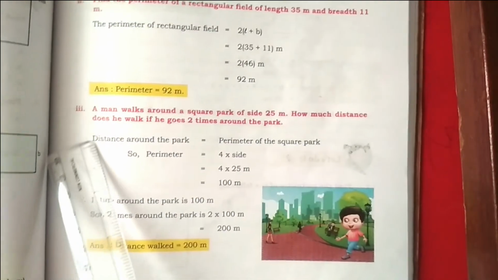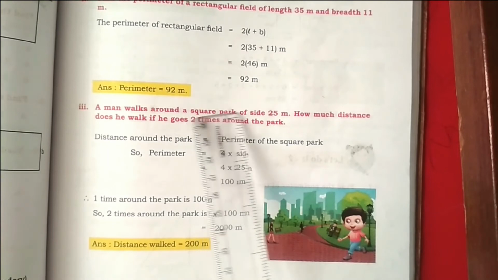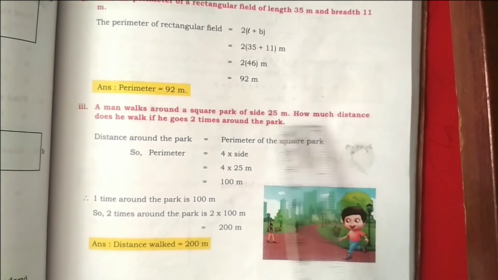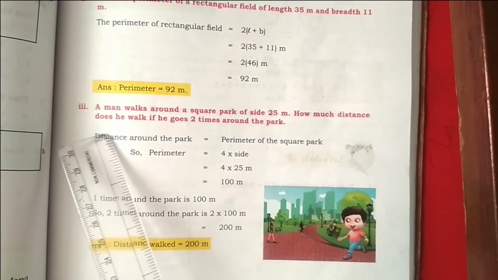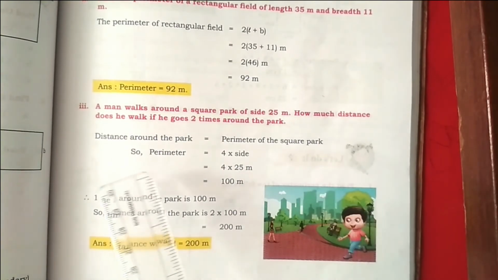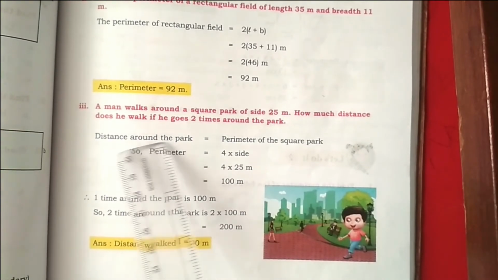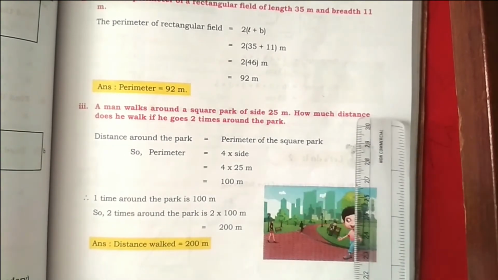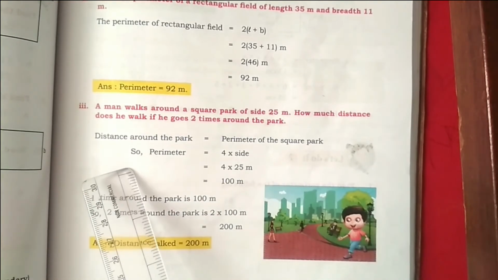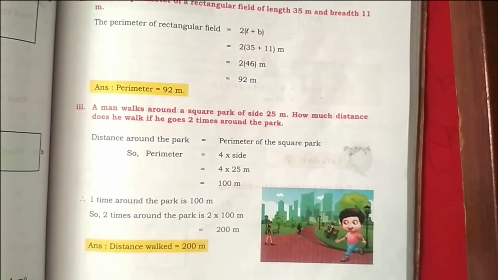Likewise, you see the third example. A man walks around a square park of side 25 meters. So how much distance does he walk if he goes 2 times around the park? Now we shall see, distance around the park is equal to perimeter of the square park. So perimeter here means 4 sides, right?